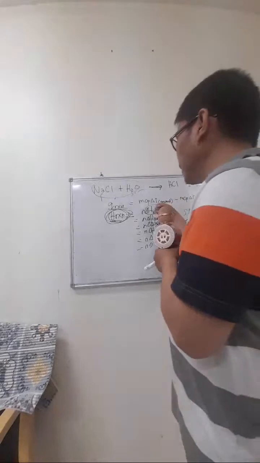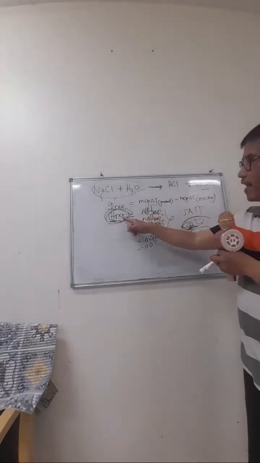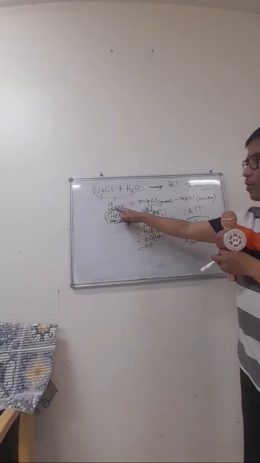Since you have this already, you will say Q_rxn is equal to n times H_vap, like that. H_rxn is equal to Q_rxn.